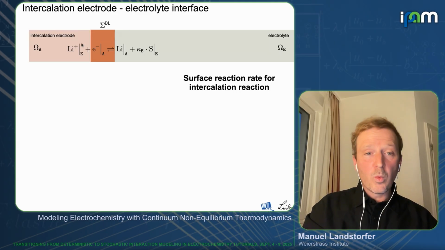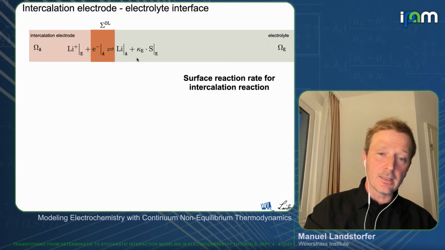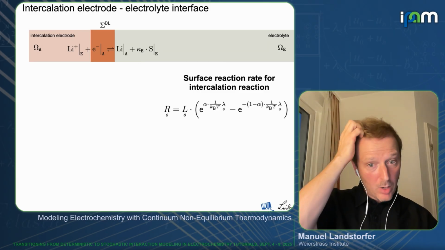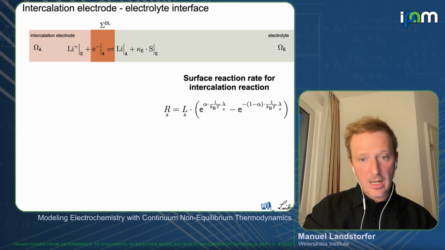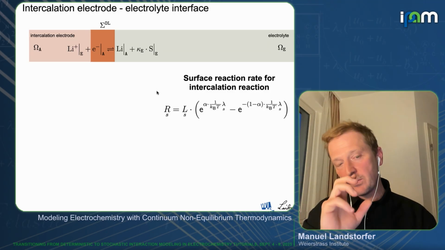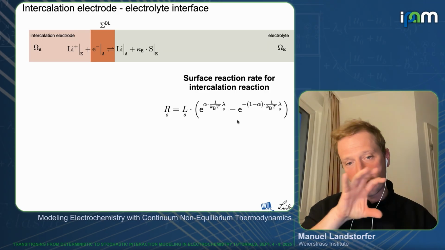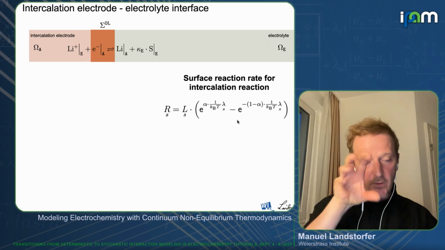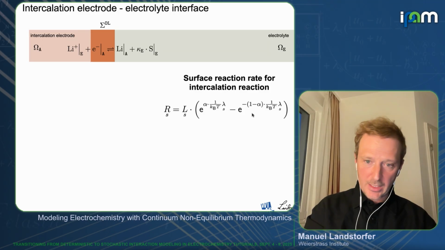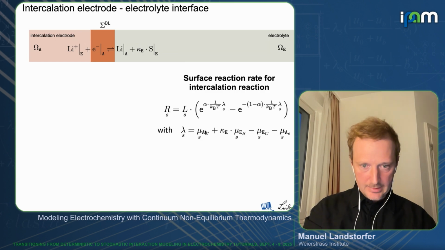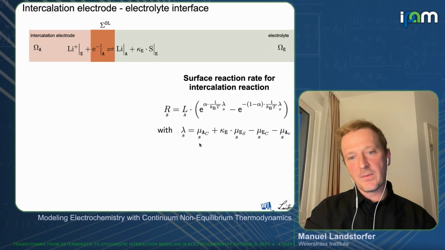And one, let's say, delicate question is how to consistently model this, also with respect to what we have learned over the last 1.5 days. And again, when you strictly stick to this framework of non-equilibrium thermodynamics, here surface thermodynamics, then you get automatically how the surface reaction rate depends on quantities evaluated directly at the interface.